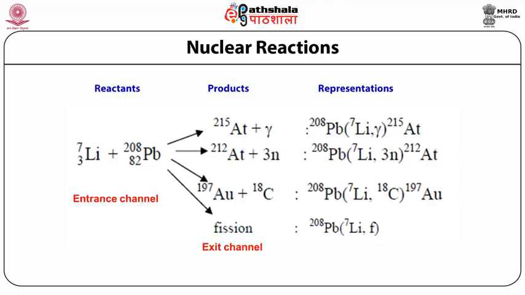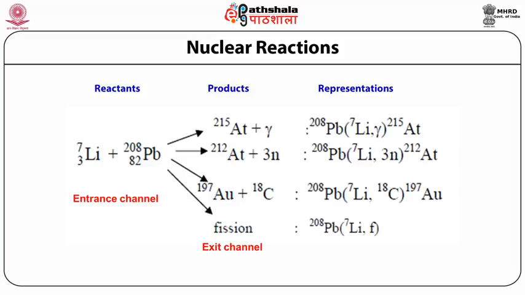In other cases, we have the production of astatine-212 plus 3n. In other cases, we have the production of gold-197 plus carbon-18, and in some cases we have fission.